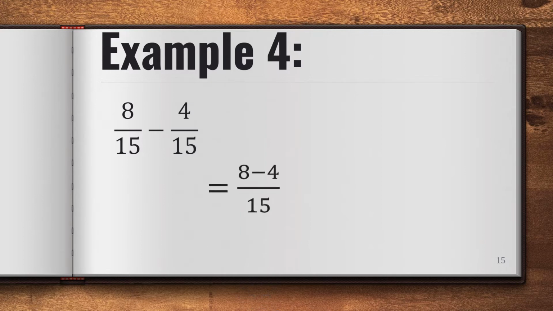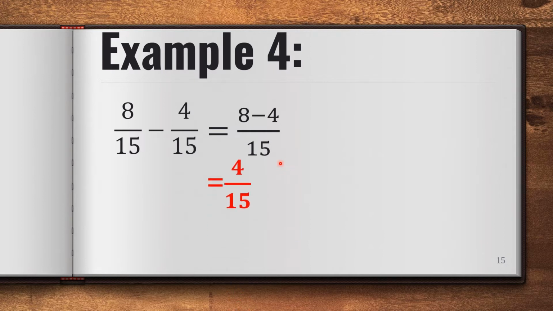If you just subtracted the numerators and copied the denominator and arrived at 4 over 15, you are correct. Congratulations. I hope that you have understood the rule in adding and subtracting similar fractions.